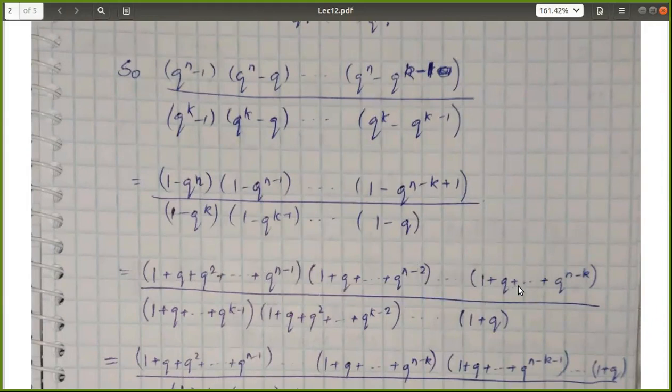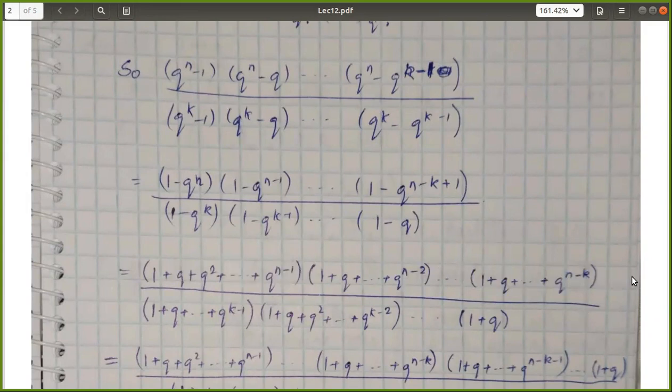Now in the numerator, what do I have? I have something till q raised to n minus 1, but it's starting from n minus k. The highest power of q is n minus k and not 1, right? So as we have done in high school, we do the manipulation of multiplying and dividing at the same time.